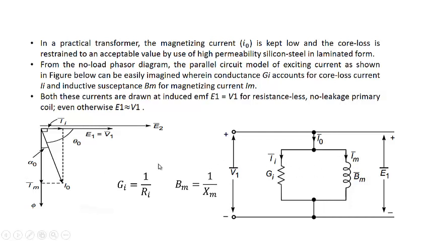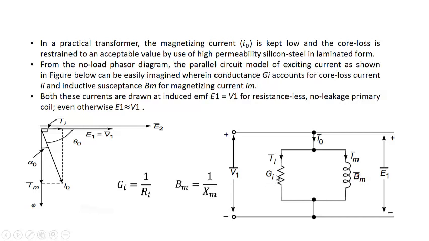So this Im will be equal to V1 divided by this Xm, and this Ii will be equal to V1 divided by this Ri. Since we have used Gi because in parallel circuits it is always very easy to add the admittances. For resistance, admittance will be its conductance, and for this reactance, its admittance will be its susceptance.